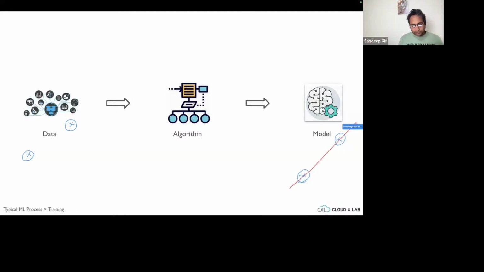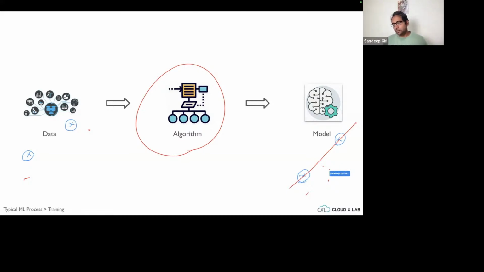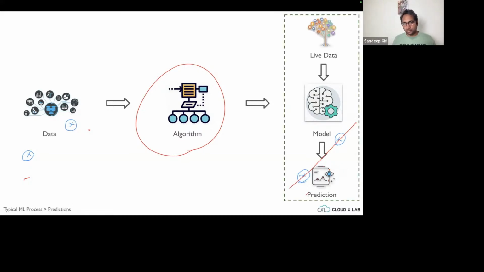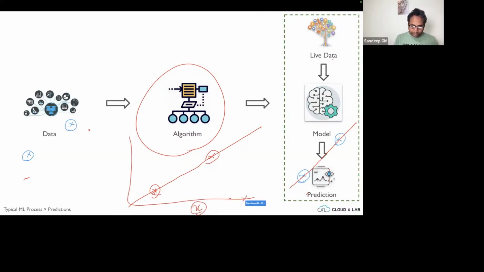So the algorithm looked at the data, came up with the model, and once we had the model called straight line, given a value of any of this x value, now given the value of x, we can predict y, correct?